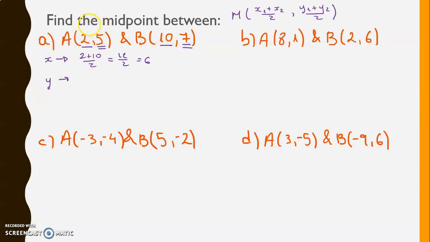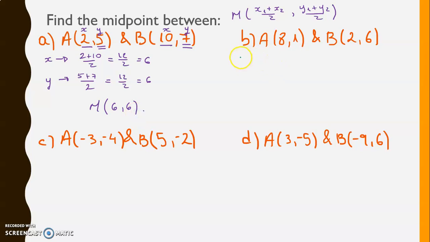Now make sure you don't get confused here, so you might want to label this as x, y to avoid confusion. So 5 plus 7 divided by 2, which is 12 over 2, and that's 6. So the coordinates of the midpoint in this case are 6, 6.